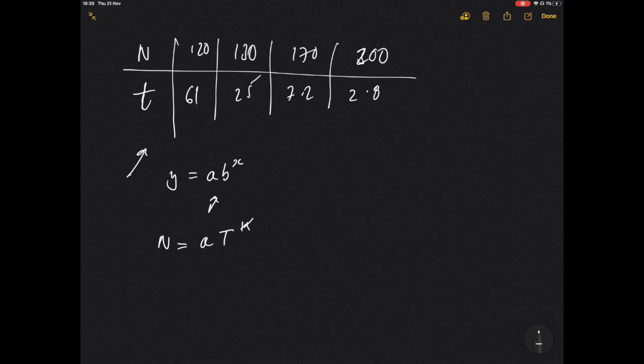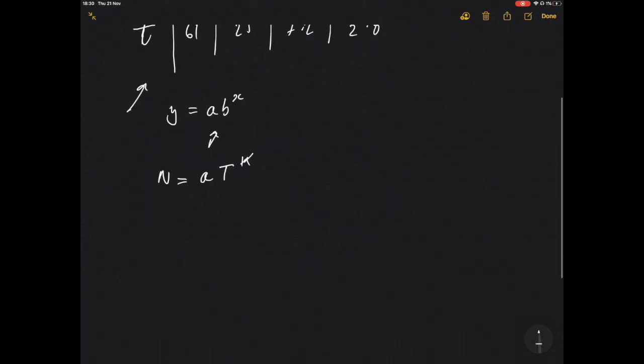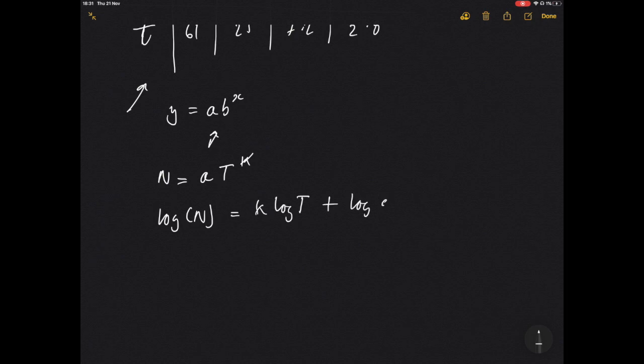So if we were then to rearrange this, we have log n equals k log t plus log a, and here we've used log to the base 10. It doesn't really matter what base you use in logs. We're just using log to the base 10. This is an easy way to do this on the computer.